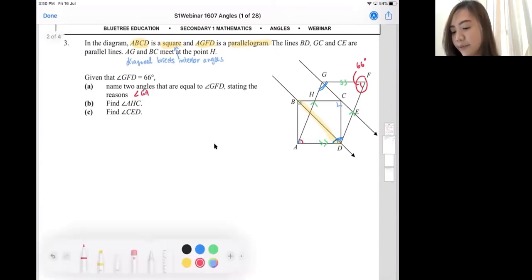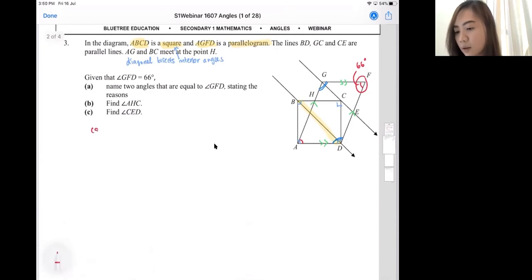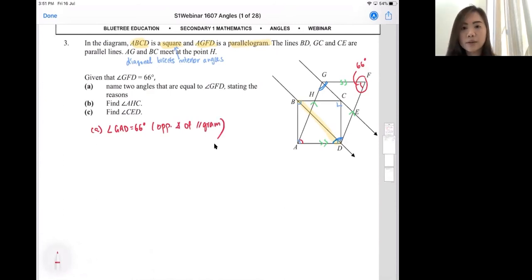Maybe I write down here. GAD is also 66, because it is an opposite angle of the parallelogram. We can use this to mean parallelogram.